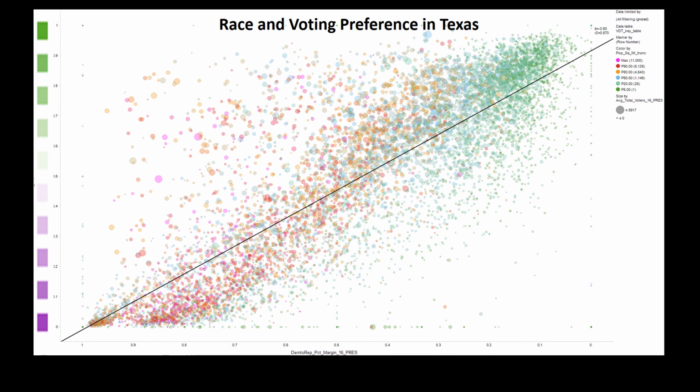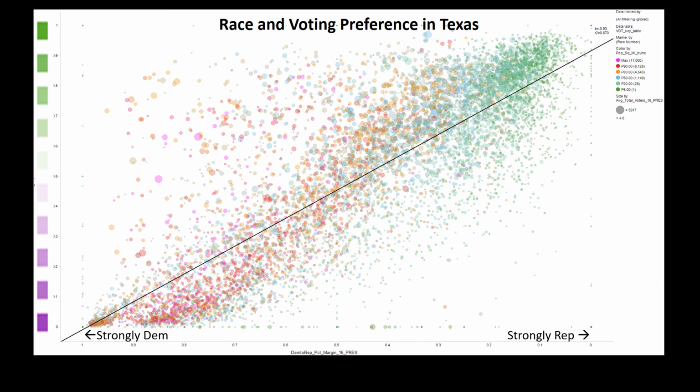Again, using the 2016 presidential election as a proxy for party affiliation, we know the Republican and Democrat voting percentages for each precinct. This election result is shown along the bottom axis. To the left are the more Democrat-leaning precincts, and to the right are the more Republican-leaning precincts.